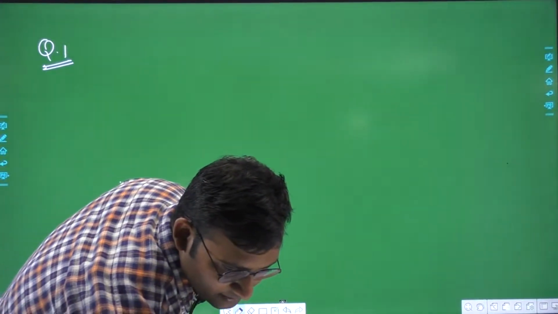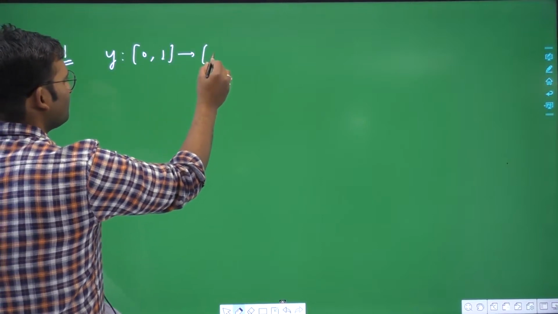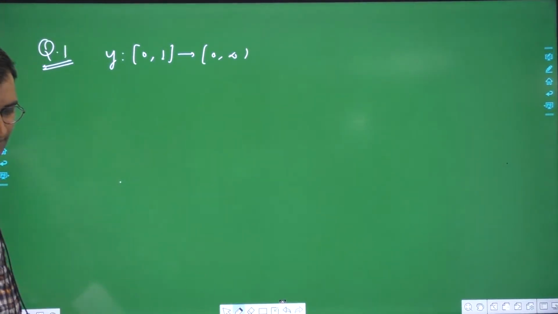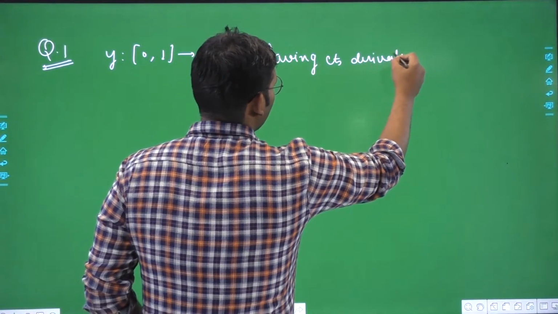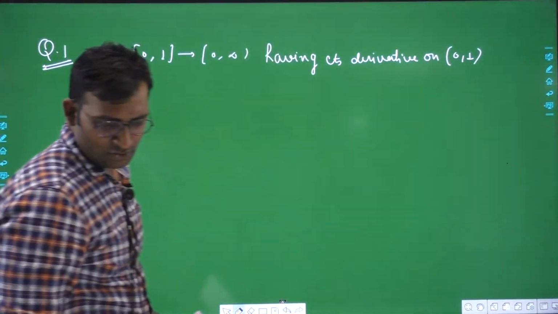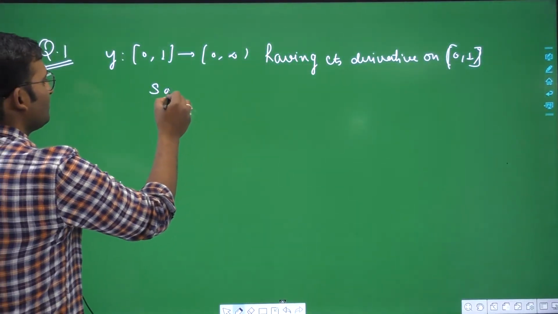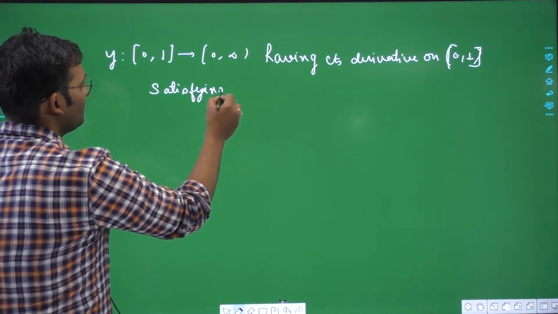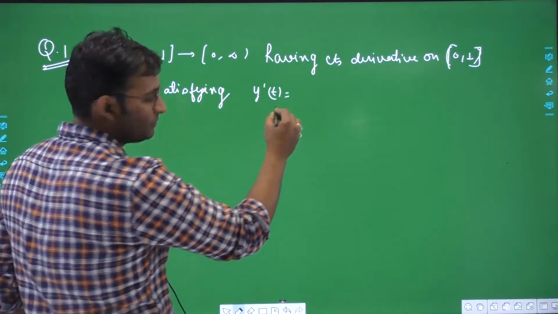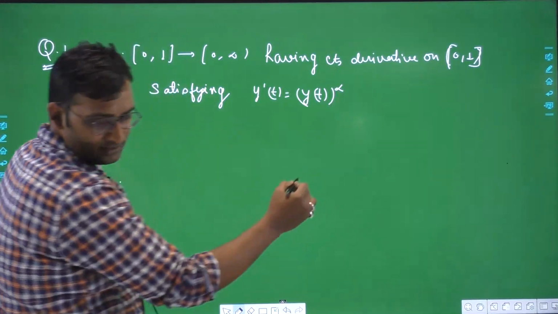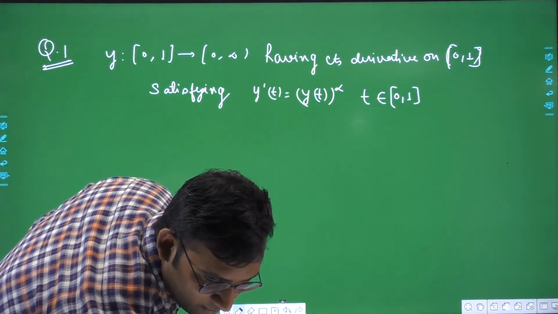The question that has been asked is: the number of differentiable functions y from [0, 1] to [0, infinity) having continuous derivative on [0, 1] satisfying y'(t) = y(t)^alpha, where t belongs to [0, 1], and y(0) is given to be equal to 0.